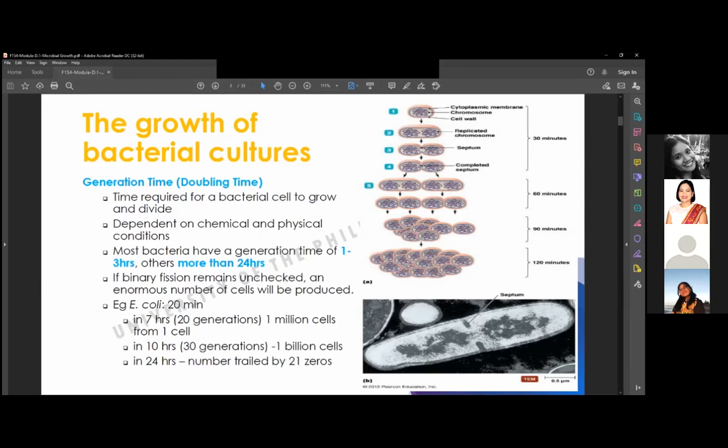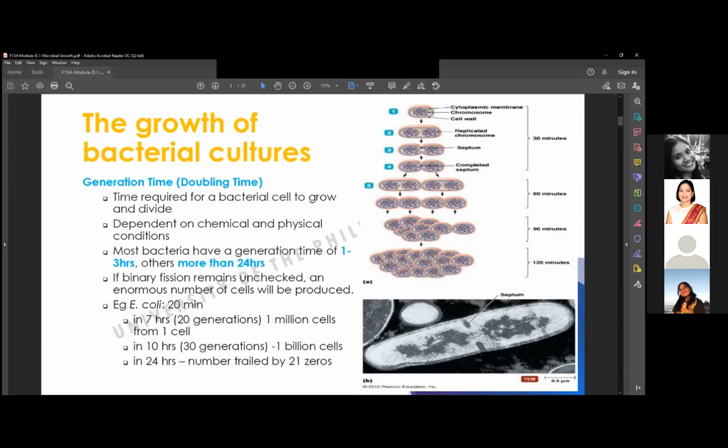The time required for the cell to grow, divide, and double its number is called the generation time or the doubling time. And it is highly affected by different conditions. Of course, one of the major factors that could affect bacterial growth is the availability of nutrients, and of course, the temperature.